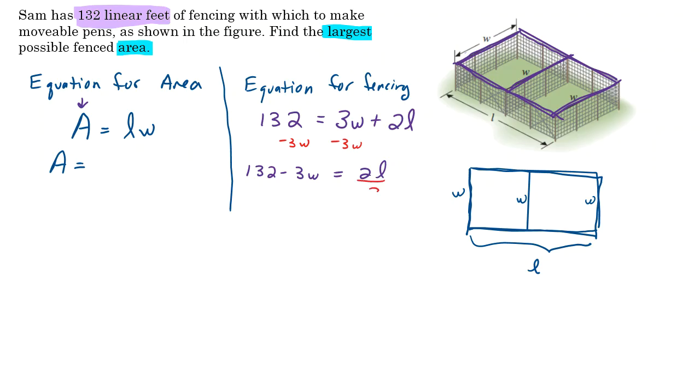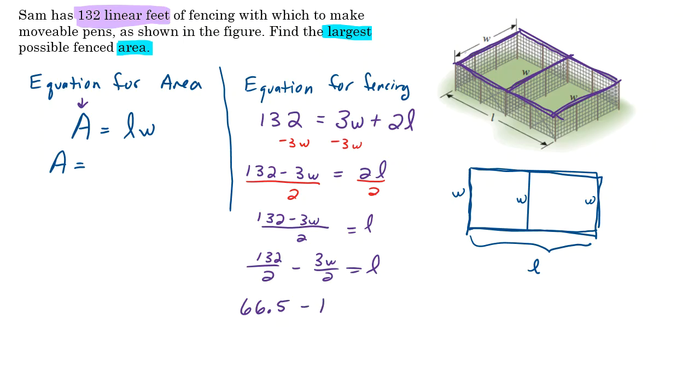And then to get L by itself, I'm going to divide both sides by 2. Now, you could leave this as a big old fraction like that. Or you could divide each term, like 132 over 2 minus 3W over 2, which we could write as 66.5 minus 1.5W.